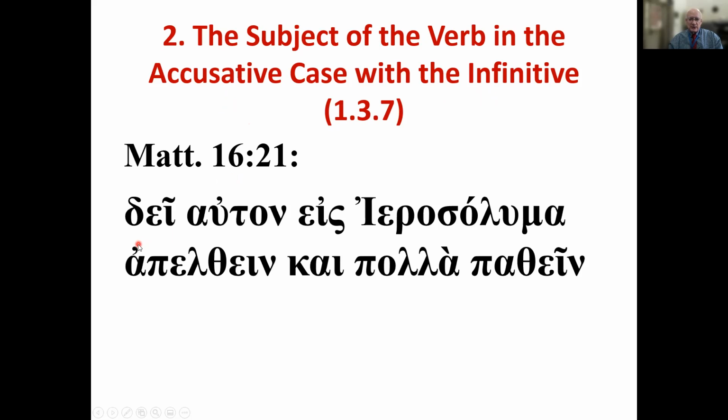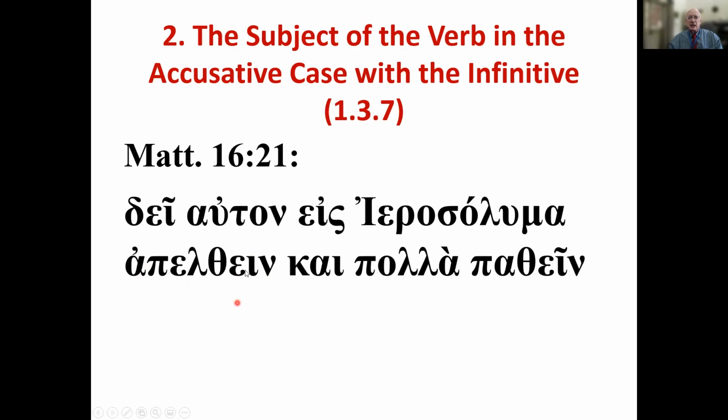It is necessary, present tense, it is necessary that he go, that he depart, aperchomai. The aorist is apelthein. Notice that this is a strong aorist, elthein, but apelthein. Look up chapter 9, the verb aperchomai, if you don't remember this verb.